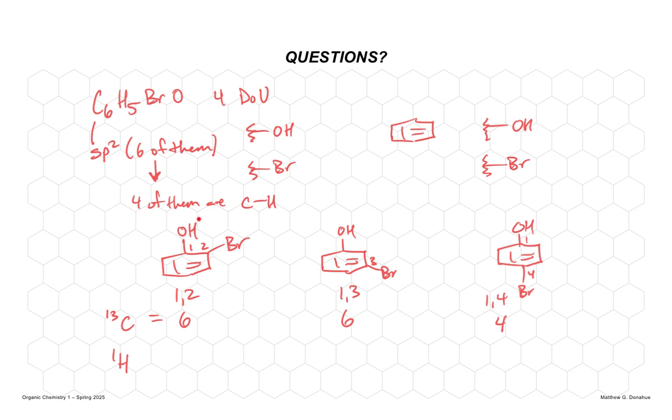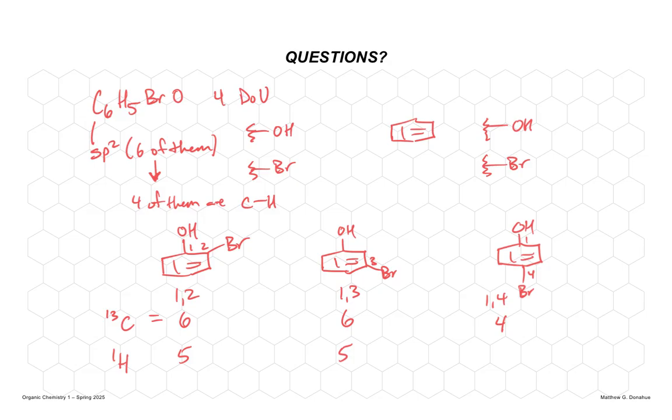So including that H of the OH, 1, 2, 3, 4, 5. What about the 1,3? 5. 1, 2, 3, 4, 5.